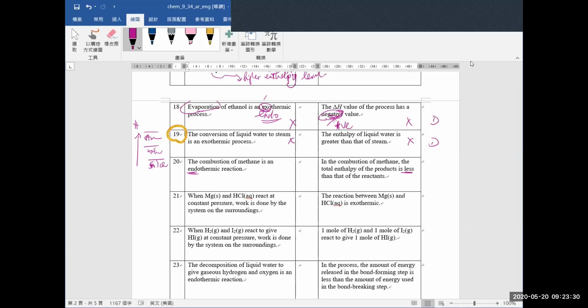You may think it's the first statement. The combustion is exo, right? The combustion is exo. It's wrong. How about the second statement? Combustion process, the enthalpy of the product is less than that.